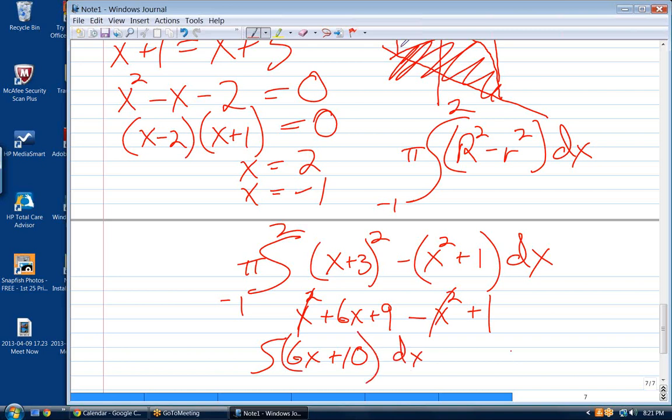What's the integral of that? It'd be 6x squared over 2 plus 10x, evaluated from -1 to 2. And I know you know how to do that. Okay.